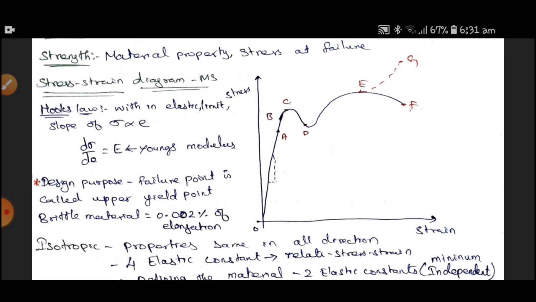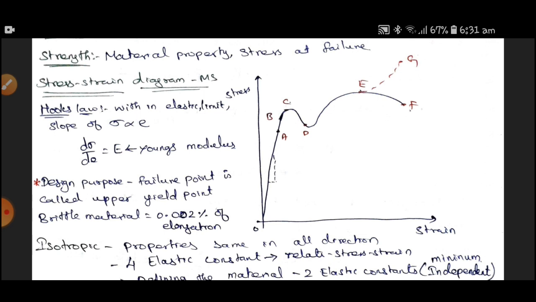The load per instantaneous area is called true stress, and strain is the change in length along the original length at the instantaneous time. That is called true strain.